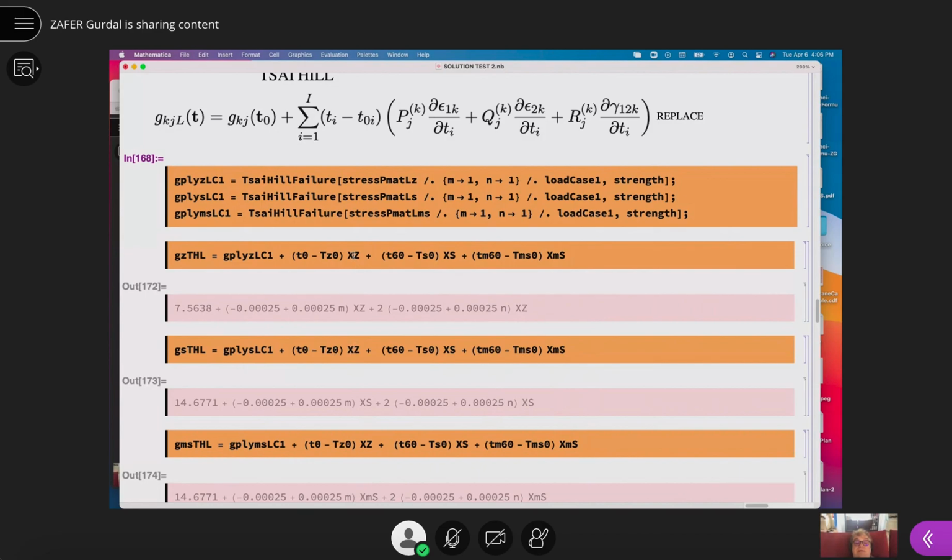So first ply stress Z ply, and then this will become 60 ply, and then this will become x minus 60 ply.